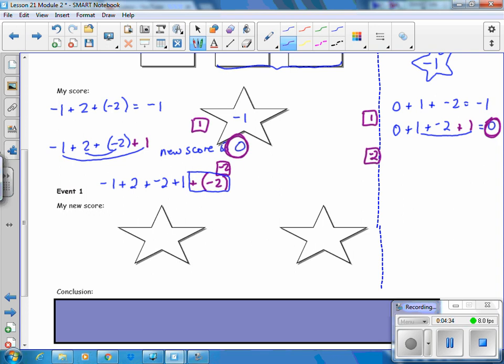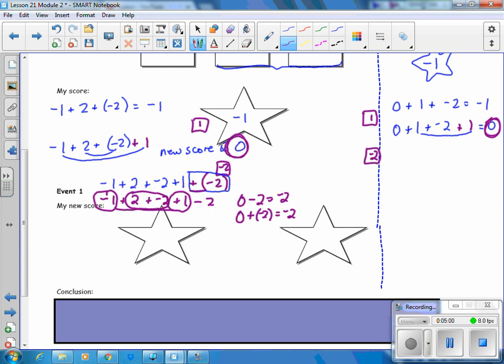So we can rewrite that as -1 plus 2 plus -2 plus 1 minus 2. So these equal 0, and these equal 0, and 0 minus 2 is -2, and 0 plus -2 is equal to -2.